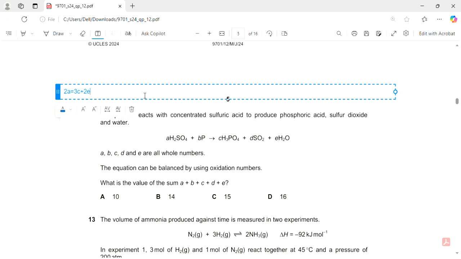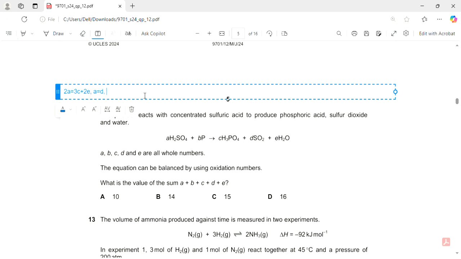Okay, so now take the reading about sulfur, which is a is equal to d. Now move to hydrogen.